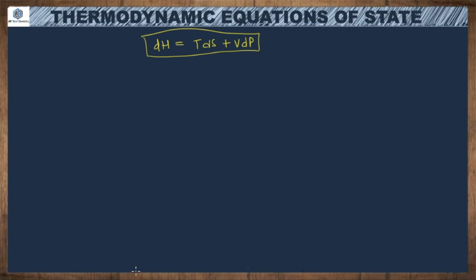Next what you have to do is differentiate the equation with respect to pressure. Remember, to get the first thermodynamic equation of state, you differentiated with respect to volume, keeping T constant. Here again you are going to differentiate with respect to pressure, keeping T constant. So what you will get is del H by del P at constant T equal to T del S by del P at constant T, because T is constant, so obviously this will not get differentiated.